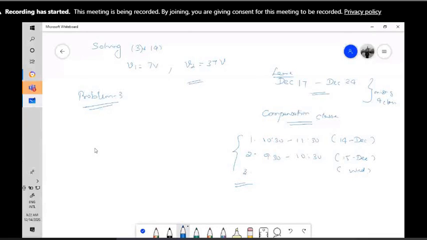Anyway, this is a question based on KCL. You can just take it down and then you can go to the meeting. So this will be the current IA. Let's say this is gate 1.